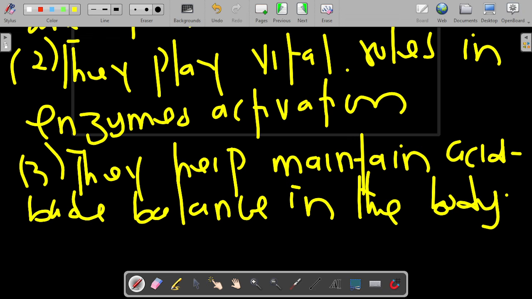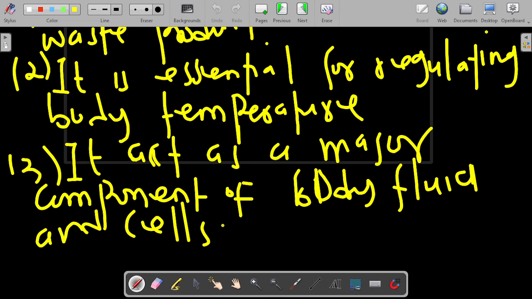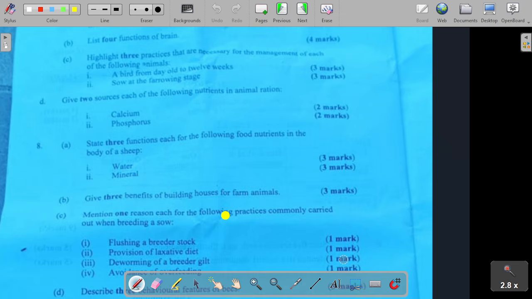So that is number 8A. We have 1 and 2, each of them 1 mark each.